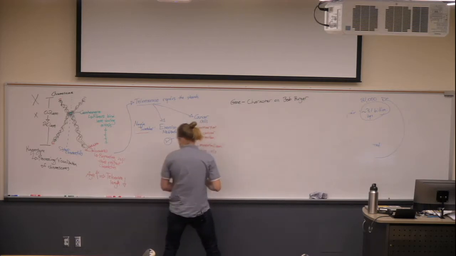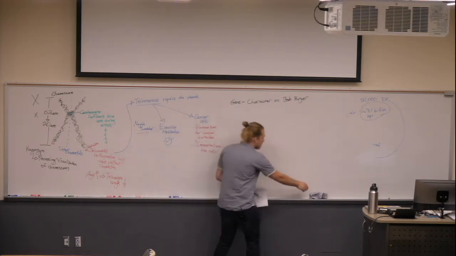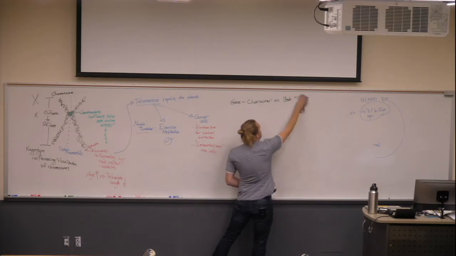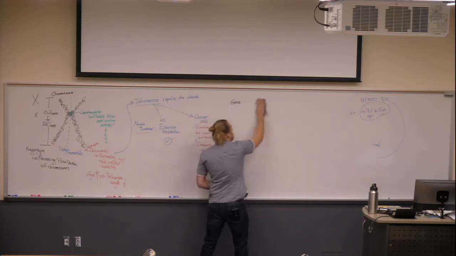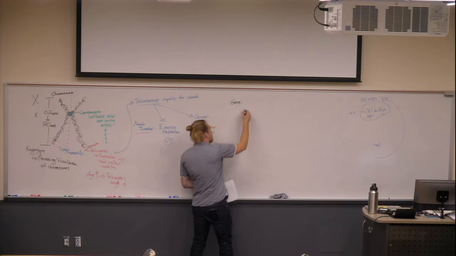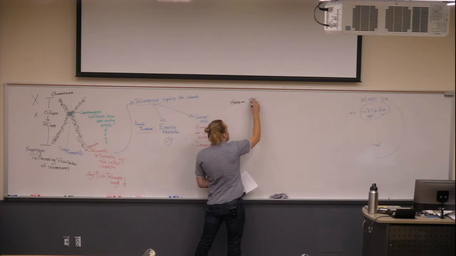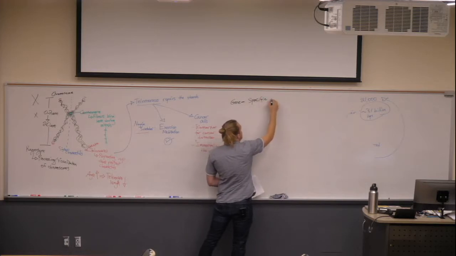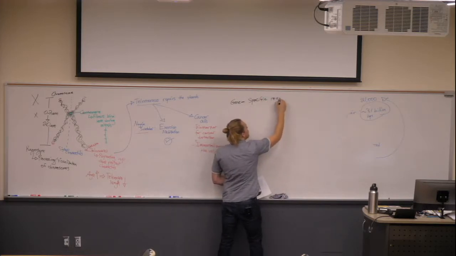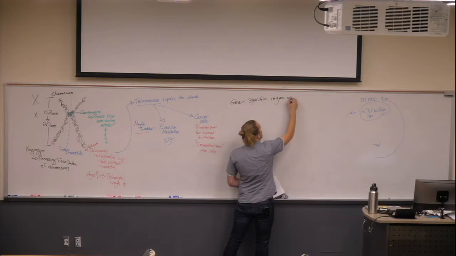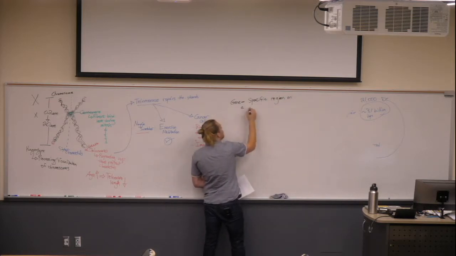But that is not what, there's a better definition of gene, or rather a gene. It's a specific region on a chromosome that encodes for a protein monomer. On a chromosome.